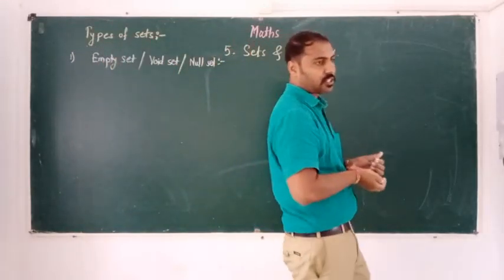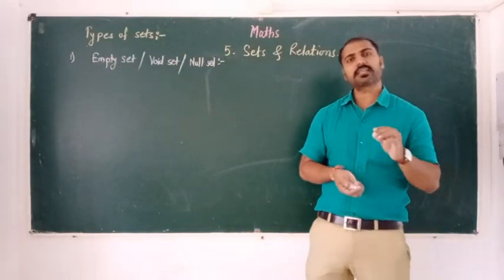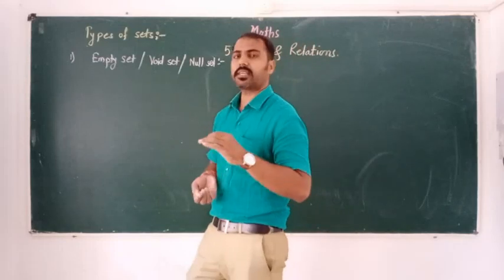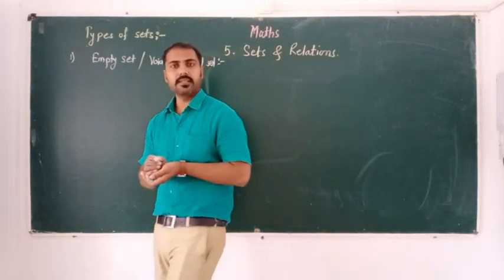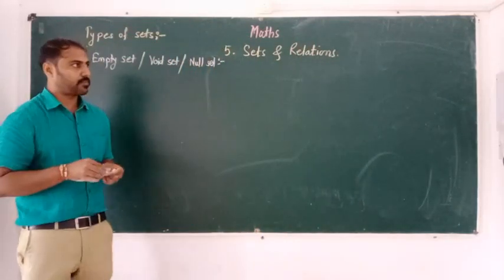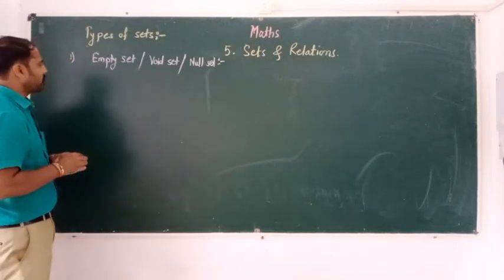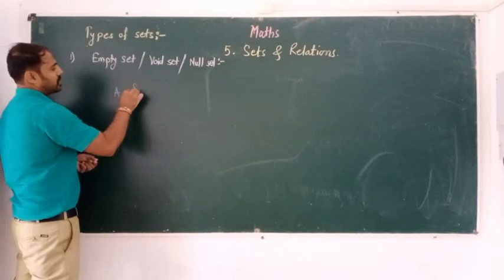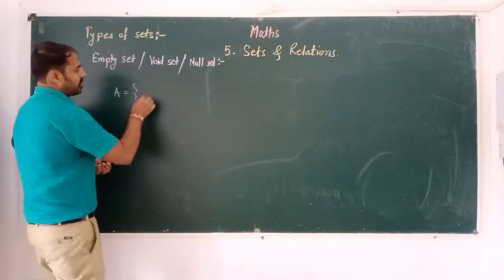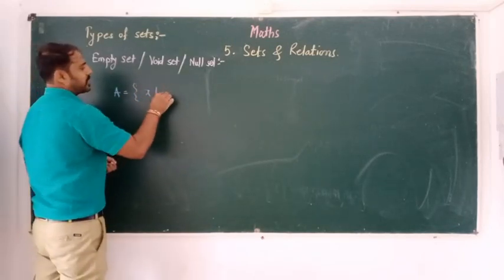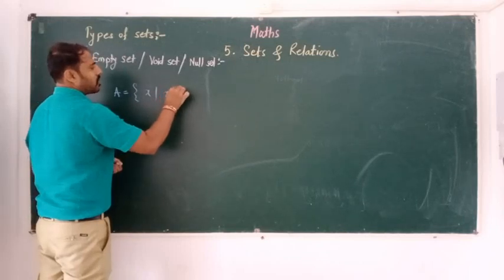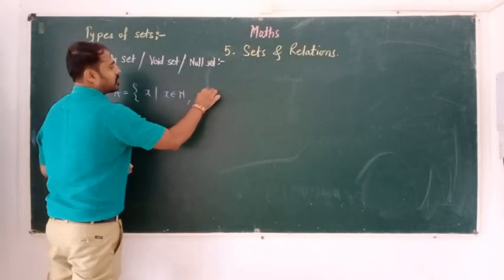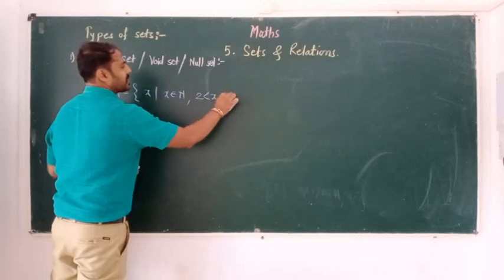The definition of empty set is what? A set which contains no element is called an empty set. For example, one example: the set of all x such that x belongs to natural numbers and 2 < x < 3.